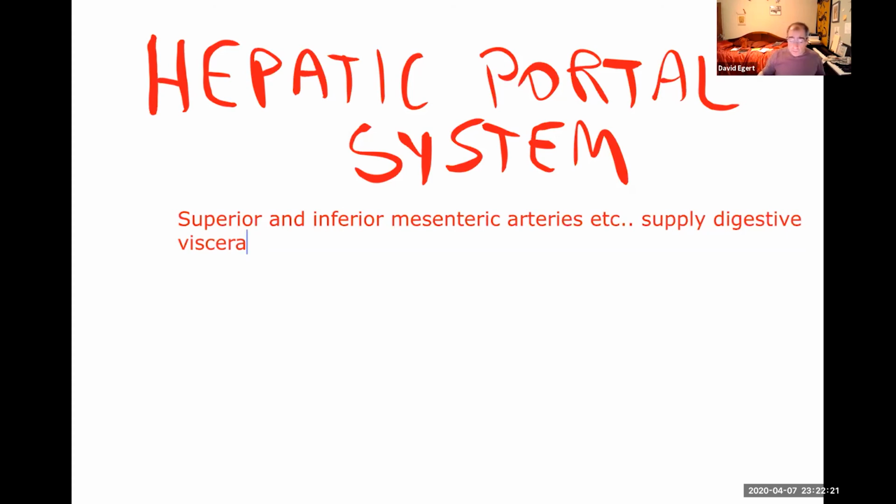So the veins of the digestive viscera all drain into, and there are a variety of named veins you don't need to know, they usually are called mesenteric this or that. But what you do need to know is they all ultimately drain into this big vein called the hepatic portal vein.